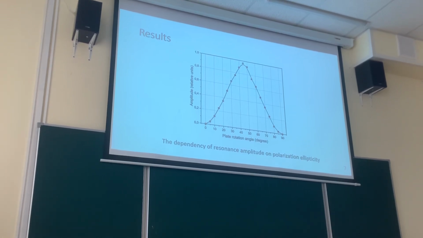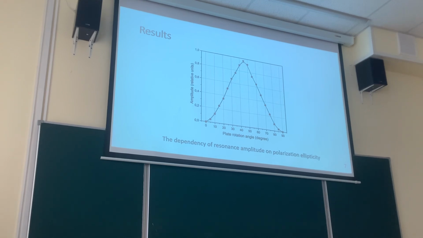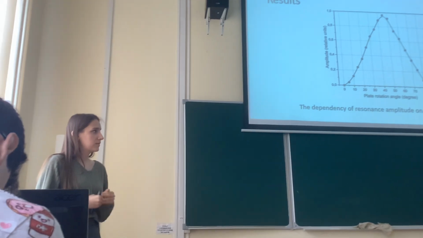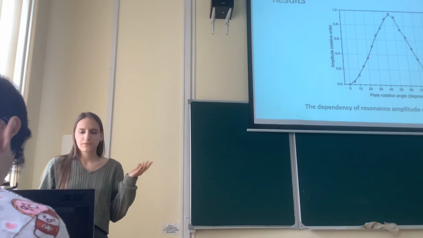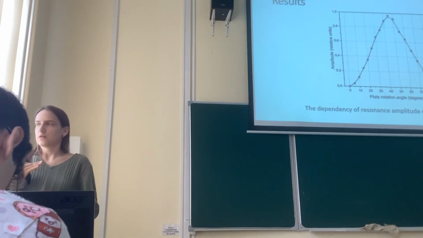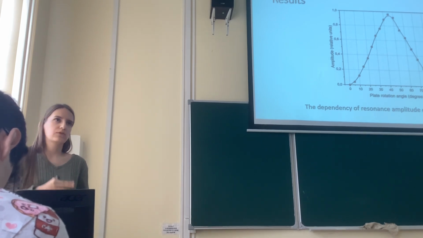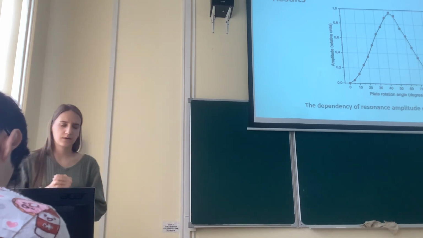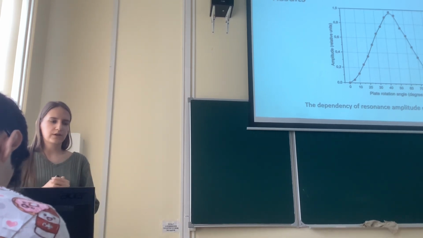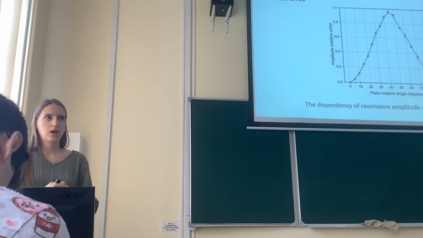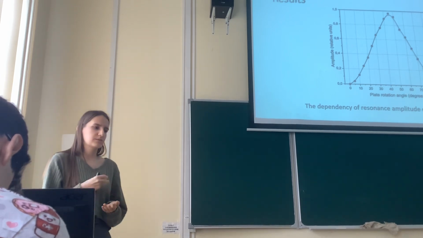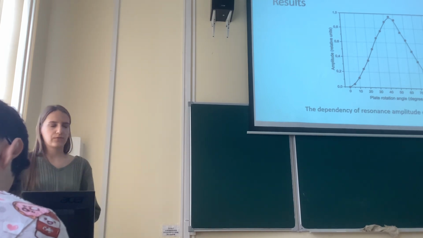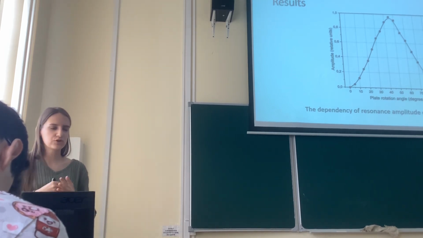The highest amplitude we have with circular polarization, and with linear polarization we have no resonance, because in our cell the buffer gas pressure is very high, and it makes high levels of atom merge.